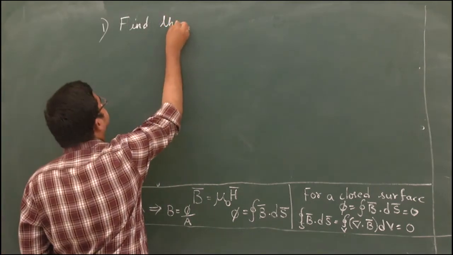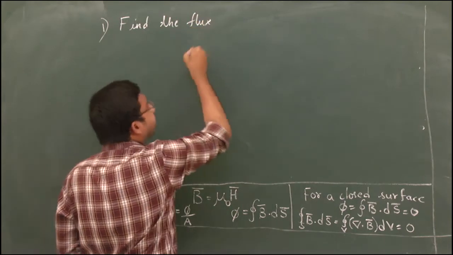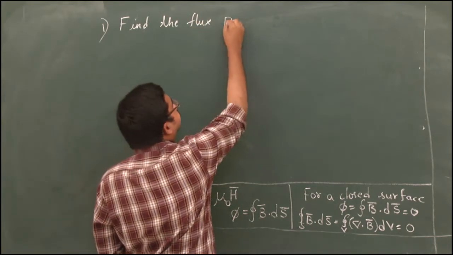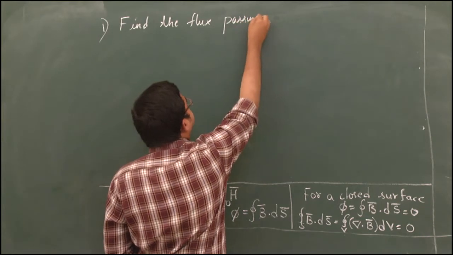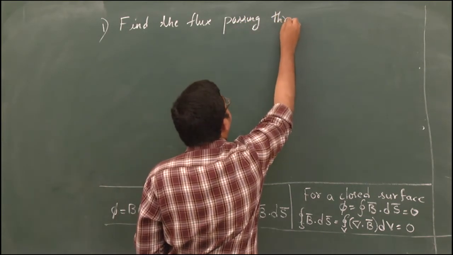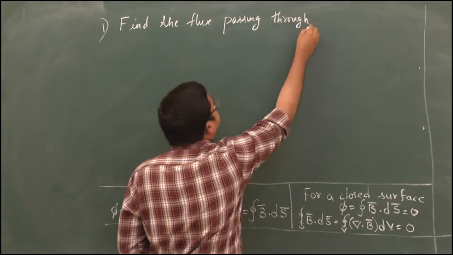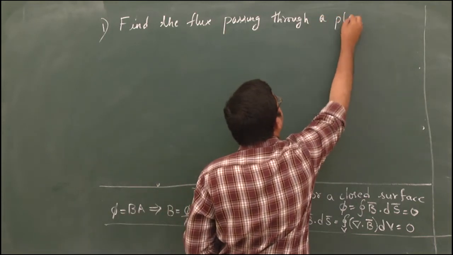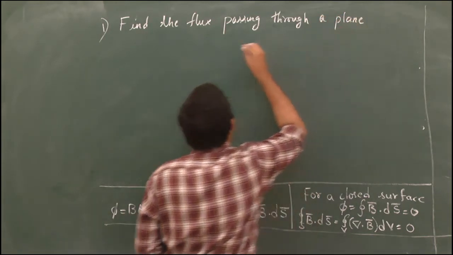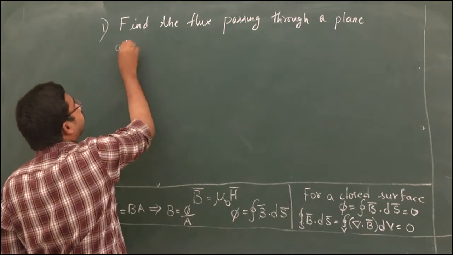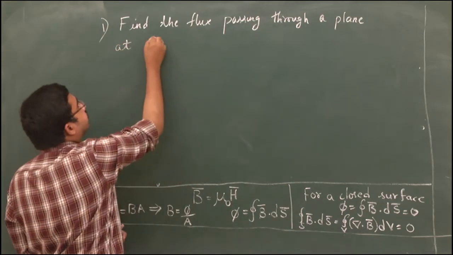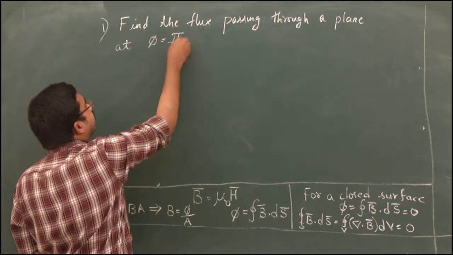Find the flux passing through a plane at phi equal to pi by 4 radians.